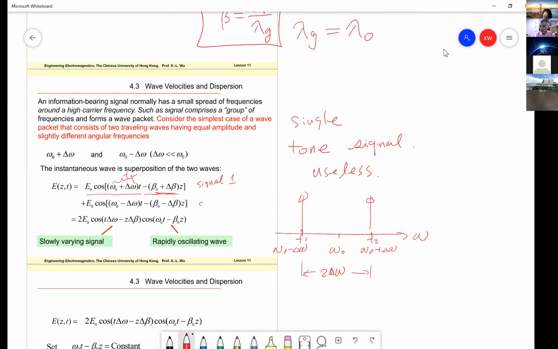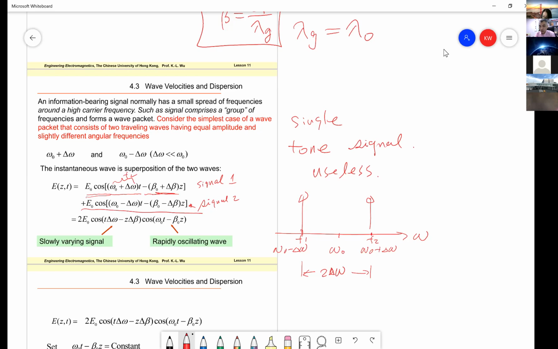And this is signal 2, modulated by a little bit lower frequency and also lower beta. So this is the second signal.